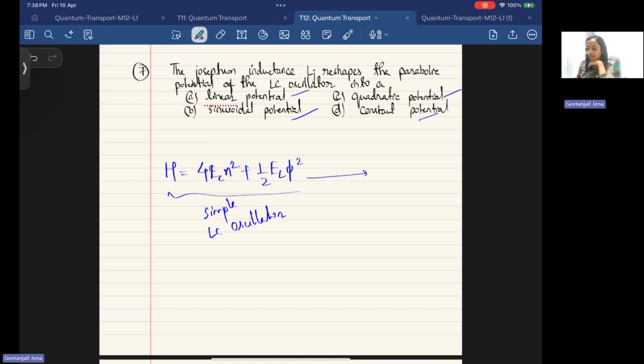Now when we add a Josephson junction to it, this Hamiltonian gets modified. We have 4 EC n square minus EJ cos phi. So it transitions from a parabolic to a sinusoidal potential. So that means option B is the answer to it.